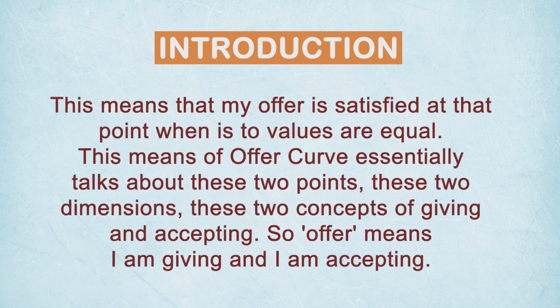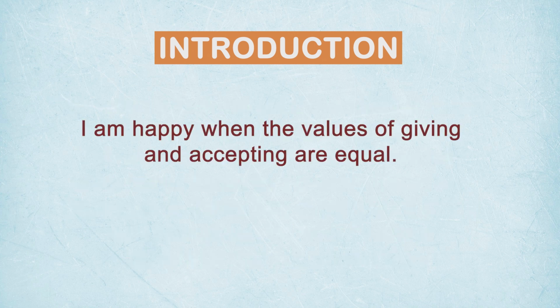This means my offer is satisfied at that point when these two values are equal. This means offer curve essentially talks about these two dimensions, these two concepts of giving and accepting or taking. So offer means I'm giving and I'm accepting, and I'm happy when the values of this giving and accepting are equal.